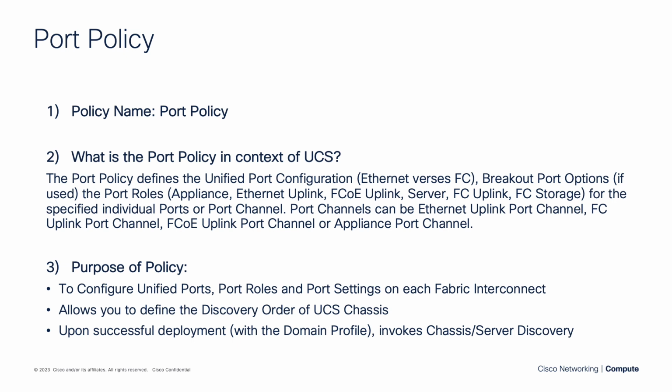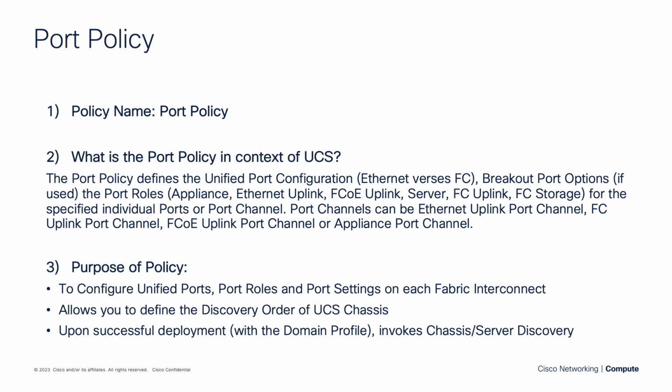Well, in Intersight Managed Mode, everything's a policy. So as we configure this policy and then incorporate that in the domain profile, then deploy that down, those ports are being configured on the fabric interconnect, and post-configuration, the discovery will automatically take place.